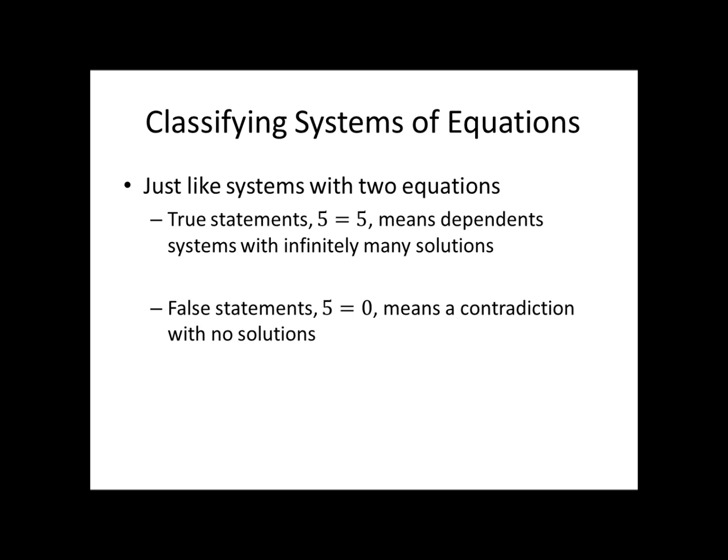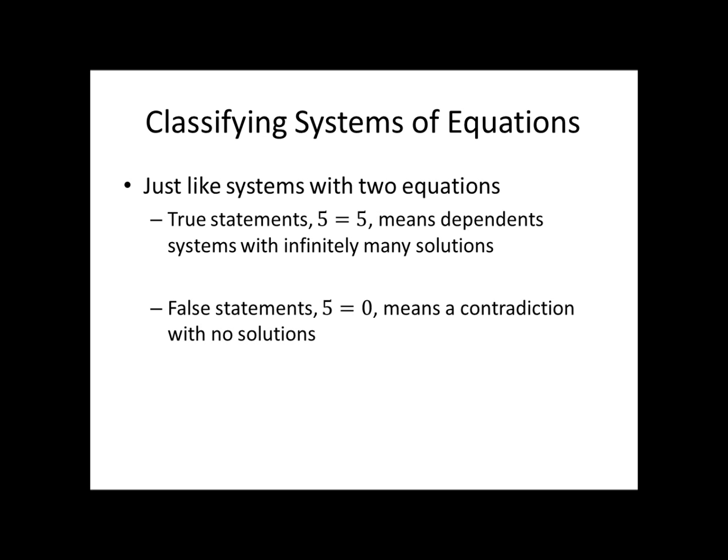But if you're going through this process of elimination and working the equations together to try to solve it, and you end up with a true statement, that is one that says 5 equals 5, that's a true statement. That means that you had variables go away totally, and you got a number equals a number, and it's right. That system is dependent. It's where the three planes are intersecting at a line.